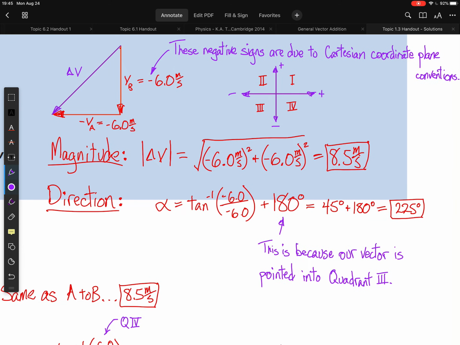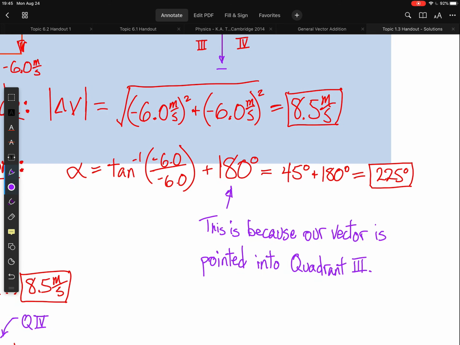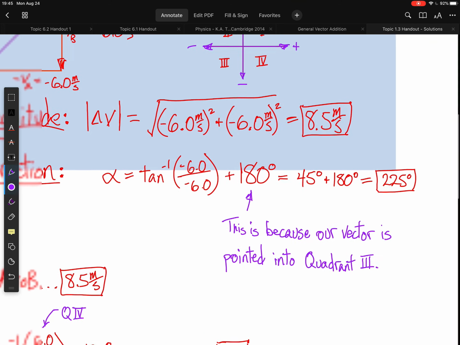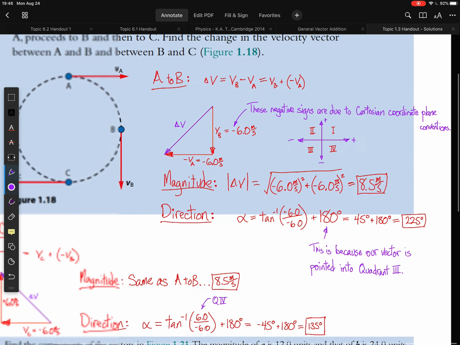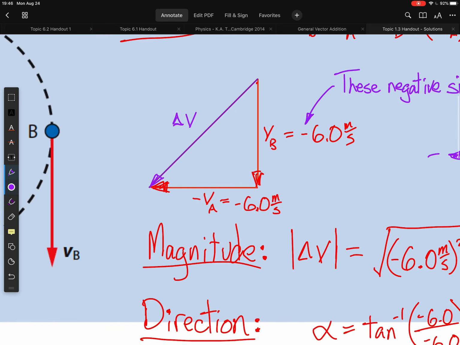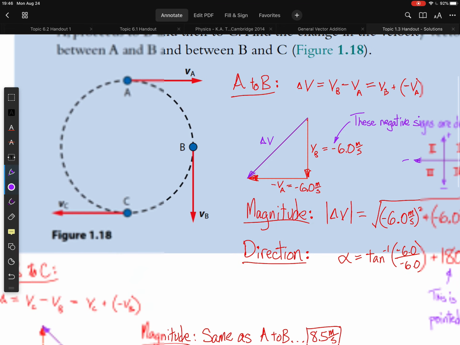So from this point, everything is very straightforward. And in fact, you could do this without using your calculator at all. If you just know that this is an equilateral triangle, then you know that this angle is going to be 45 degrees immediately. You just know that from your previous math classes.